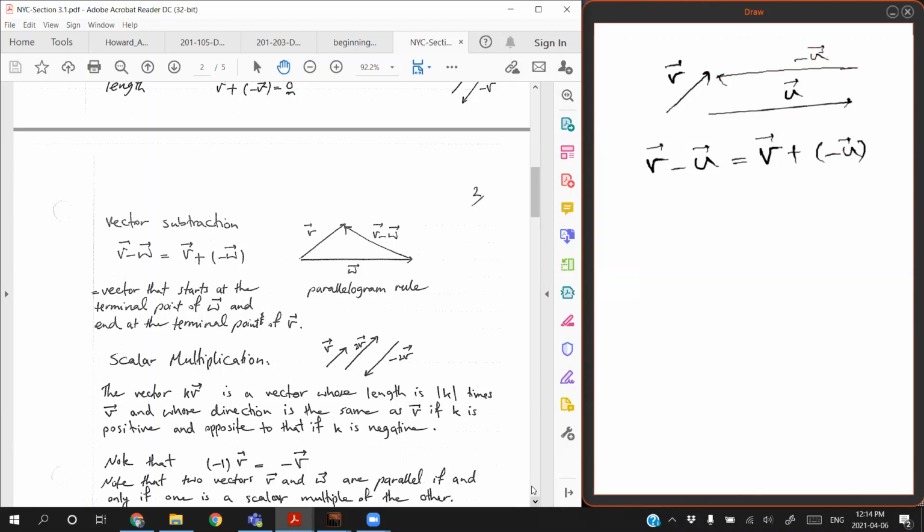Then you use the two techniques that we learned above, the triangle rule or the parallelogram rule, to add up v and minus u. So it's going to be like this. Let's use the triangle. v and minus u is going to be like this. Then you can add them up, you get this vector here. So that would be v minus u.